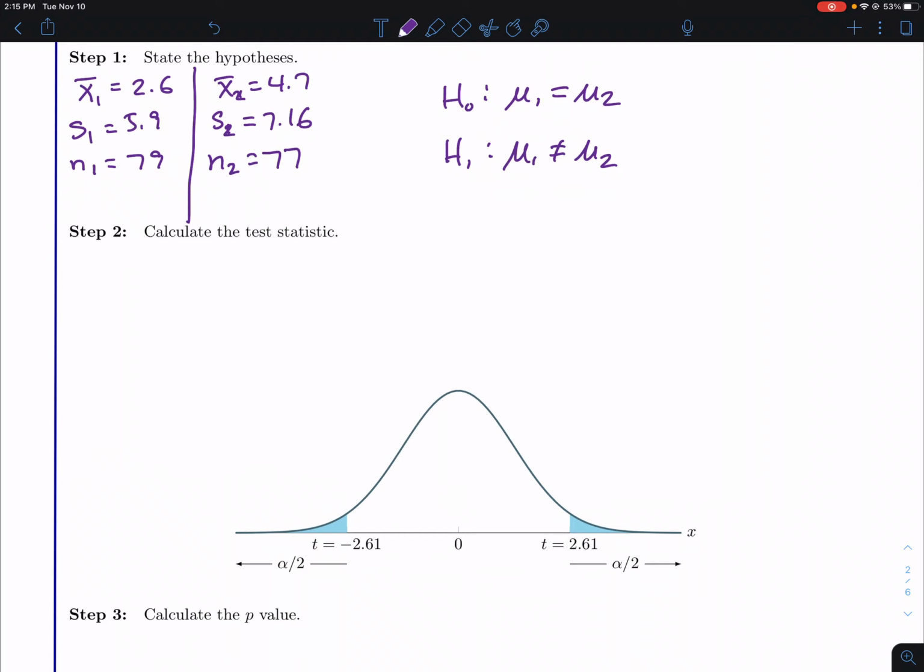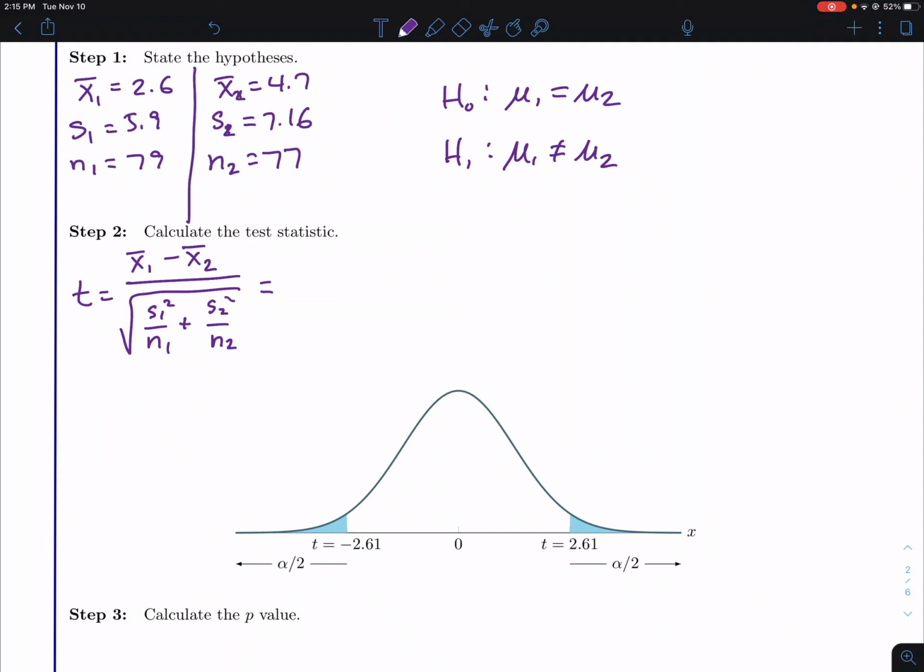So again, this is going to look fairly similar to what we did. Nothing really changes at this point, except in this case, it's going to be a t instead of a z. So we want our sample mean minus our other sample mean, divided by the square root of s1 squared over n1 plus s2 squared over n2. Since we don't know anything about the population means, that's what we're trying to predict, I'm just leaving them out.